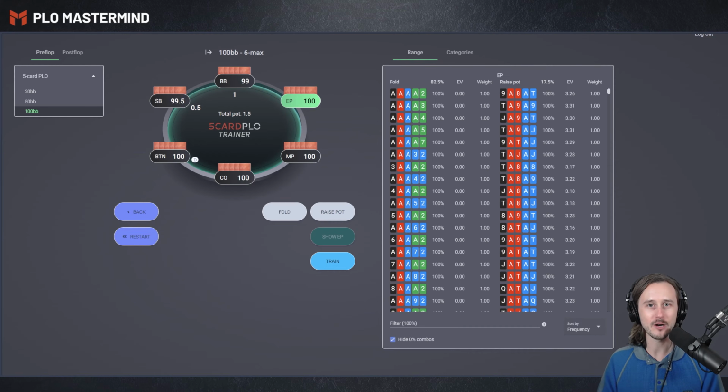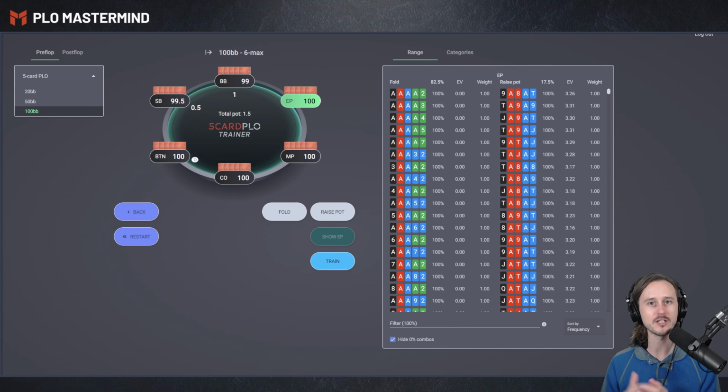So how do you study it? How do you manage so many hands? Well, the way we do it is we created Preflop Categories. If you already worked with the PLO trainer before, you are aware that within the PLO Mastermind, we are working with Preflop Categories because we strongly believe this is the best way and the only way really to manage so many combinations.